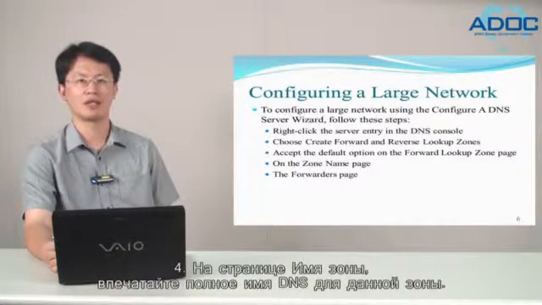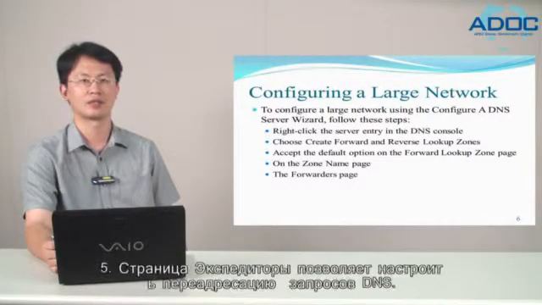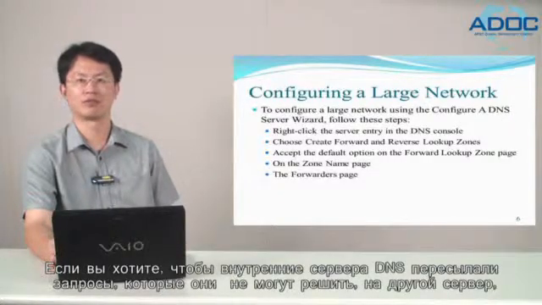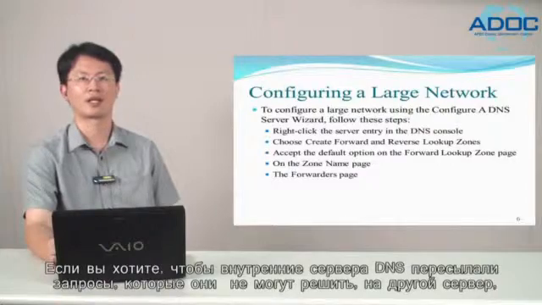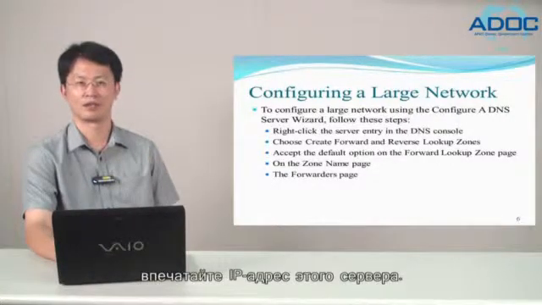Fourth, on the Zone Name page, type the full DNS name for the zone. The zone name should help determine how the zone fits into the DNS domain hierarchy. Click Next. Fifth, the Forwarders page allows you to configure forwarding of DNS queries. If you want internal DNS servers to forward queries that they cannot resolve to another server, type the IP address of that server.